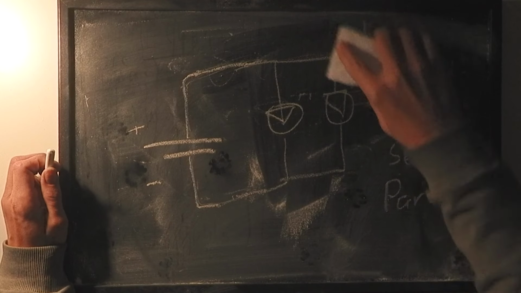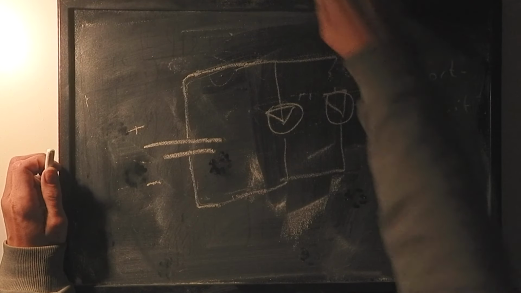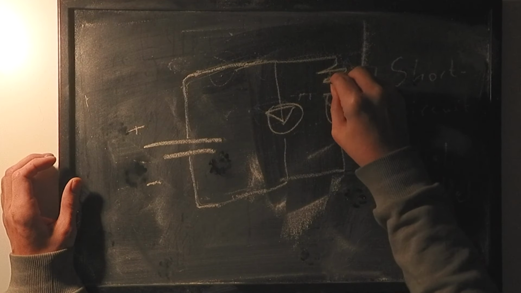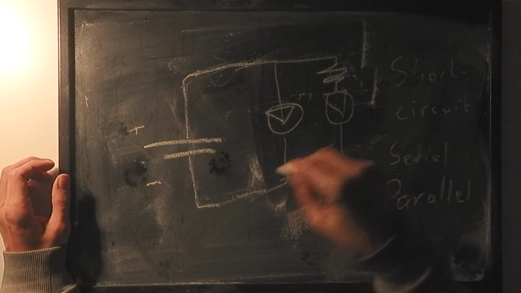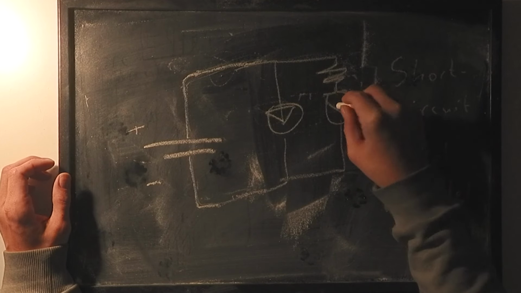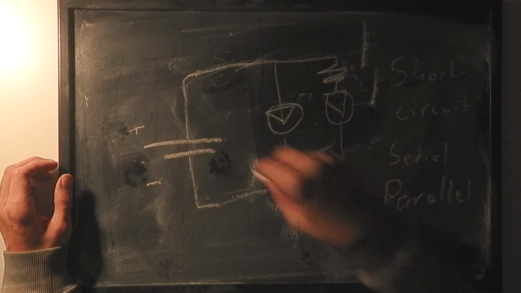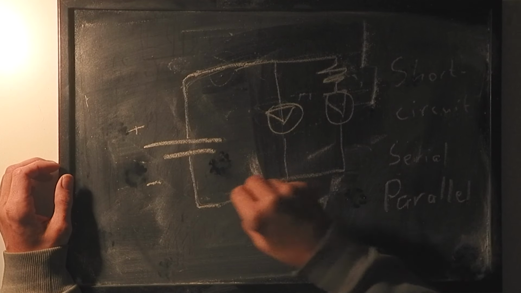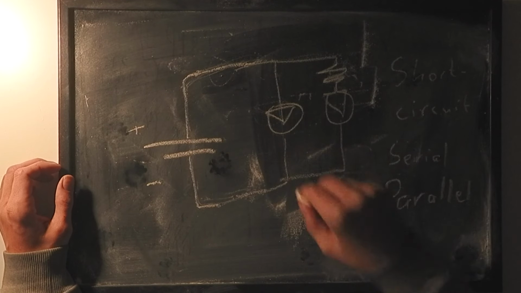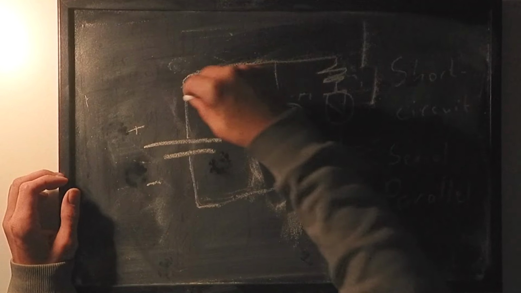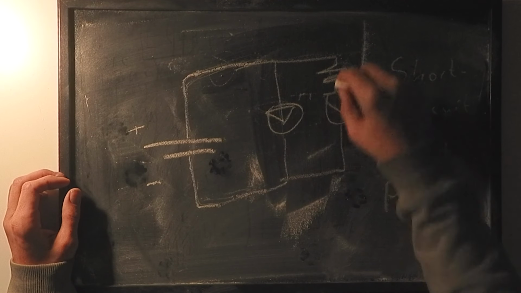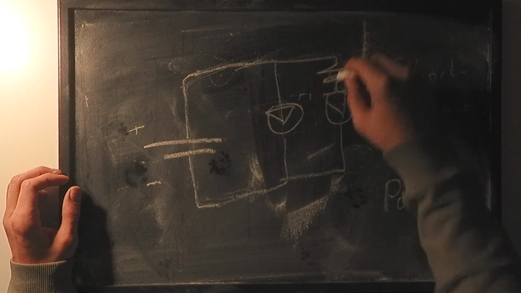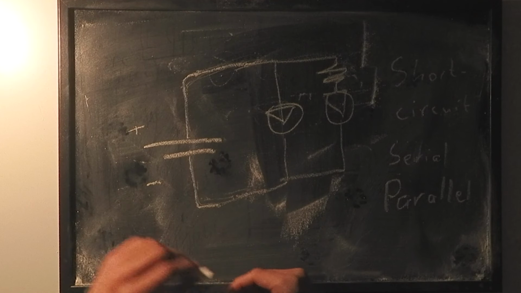But over here we have a resistor. So in this case, this light will not shine at all, because all the electricity will take the path of least resistance, which is through the first light. And nothing will go this direction, because this has much higher resistance, and it always tries to avoid the resistance.